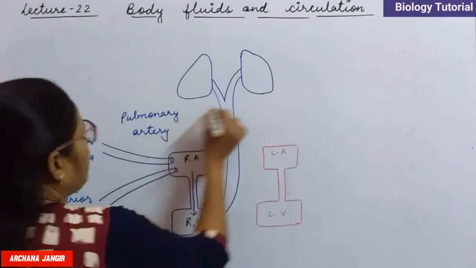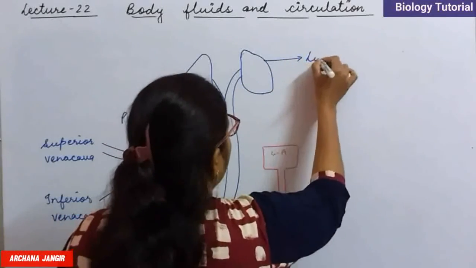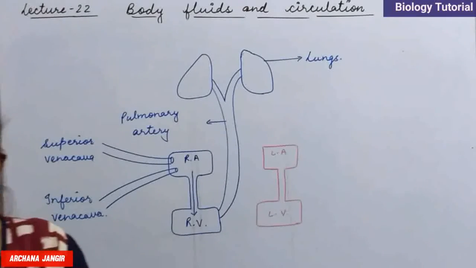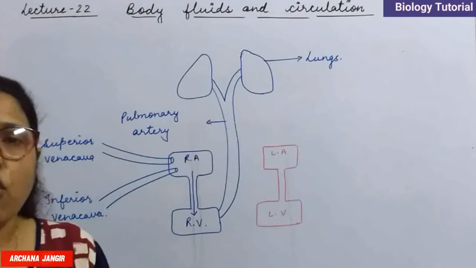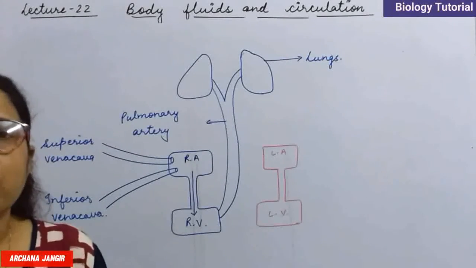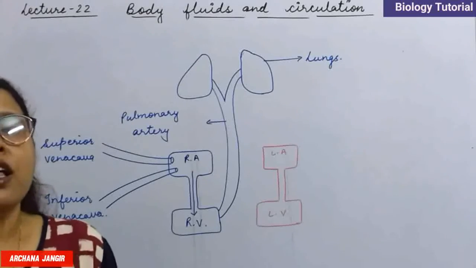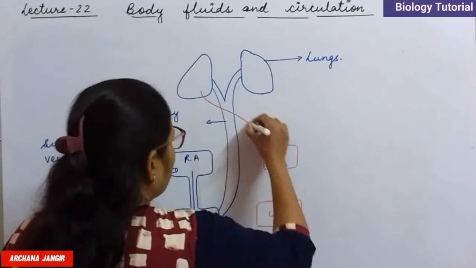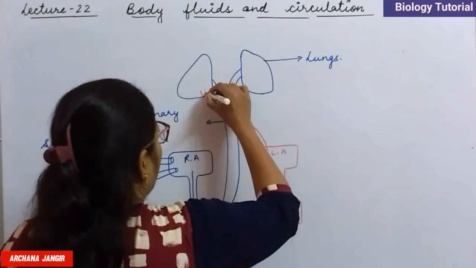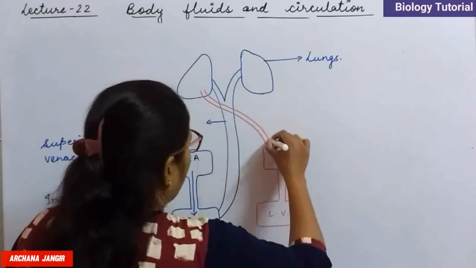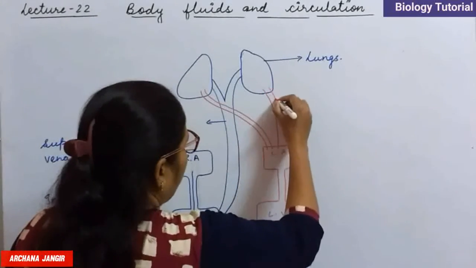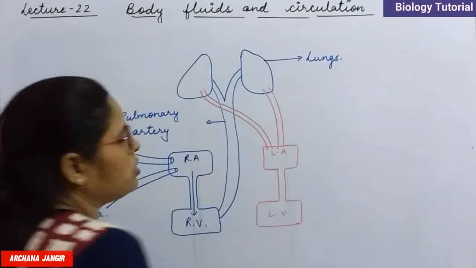Now what will happen in the lungs? These are the lungs. In the lungs oxygenation is going to take place, and from the lungs the oxygenated blood comes into the left auricle. So from this lung the pulmonary vein brings oxygenated blood, and from this lung also the pulmonary vein brings oxygenated blood.